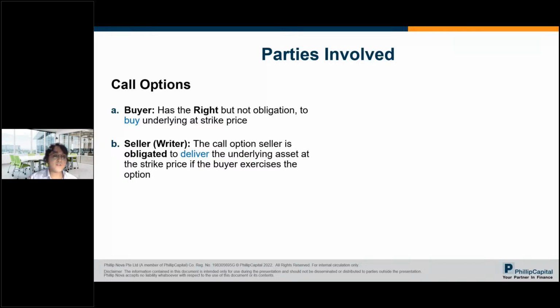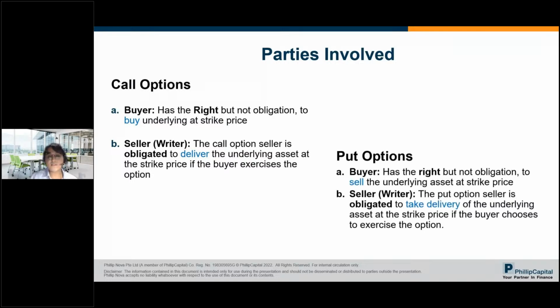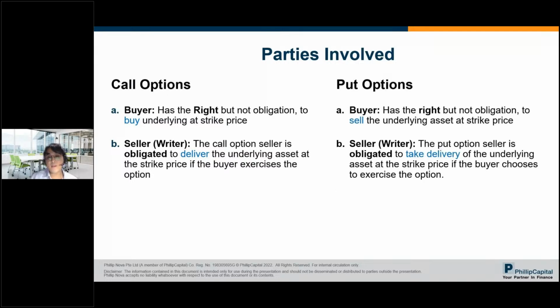And as the writer, you will be obligated to deliver the gold futures contract. Of course, this also applies to a put option. The put buyer has the right, but not the obligation, to sell the underlying asset, and the put writer is obligated to take delivery, basically receiving the underlying asset at the strike price.